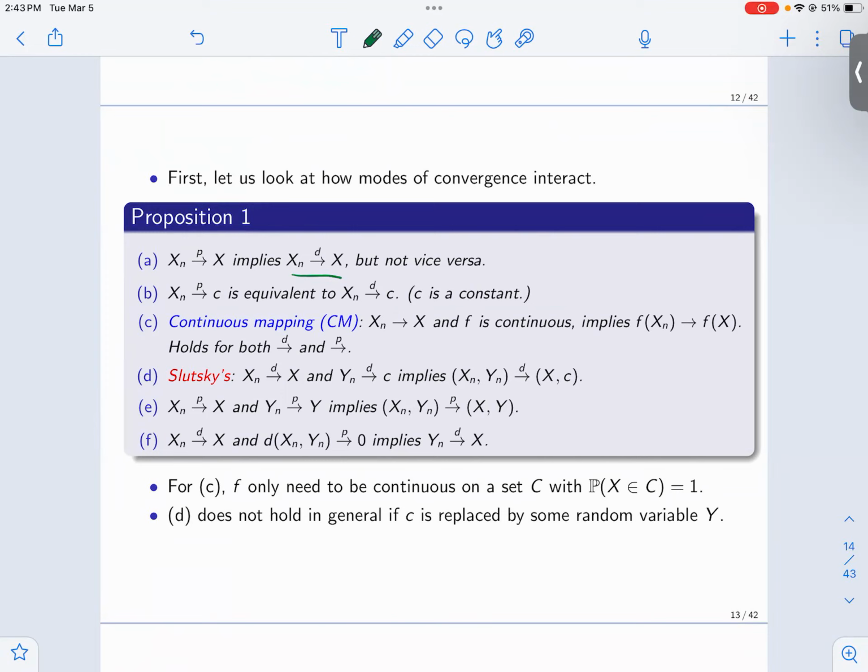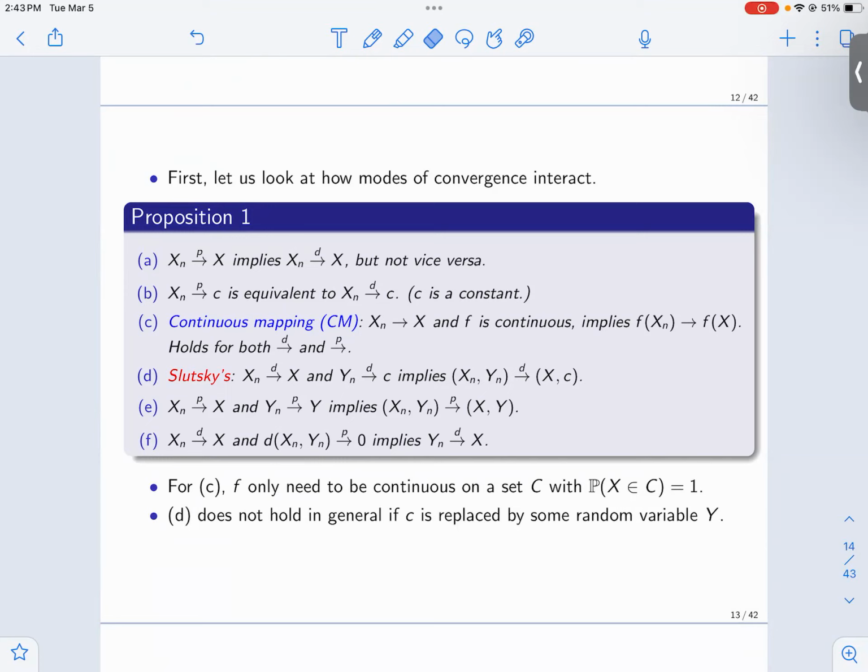In reality, these could live in different spaces. For example, I said it converges in distribution to a normal. So if X_n converges in probability to X, then it has to converge in distribution to X. The reverse direction is not true. This shows that convergence in probability is stronger than convergence in distribution.